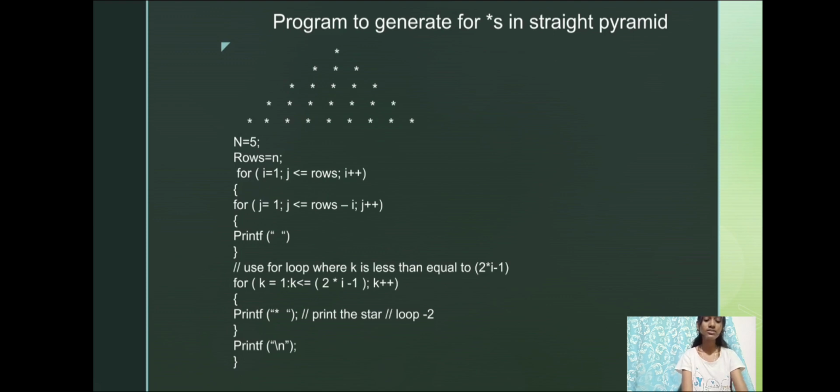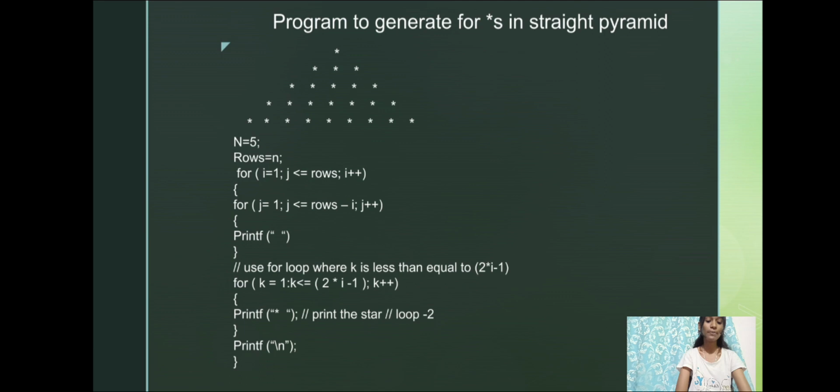So next, for i equals 1, i less than or equal to rows, i plus plus. Then for j equals 1, j less than or equal to rows minus i, j plus plus, we print a blank space. Then use a for loop where k equals 1, k less than or equal to 2 into i minus 1, k plus plus.